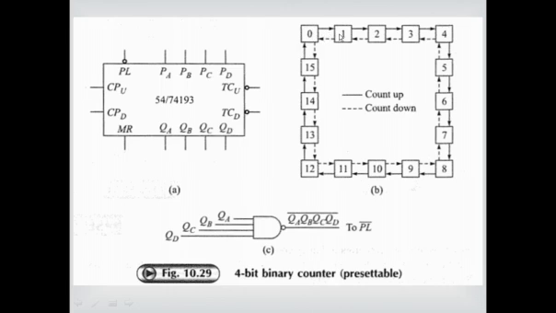From 0 it will go to the next state 1, then from 1 with the next clock pulse it will go to the state 2, then from here the next clock pulse it will go to the state 3, and like that it is progressing in this direction, and finally it will move to the state 15. Again, when the clock pulse occurs, it is going to be reset to 0 0 0 0, and that way the sequence is complete. So, this way it is working in count up mode.